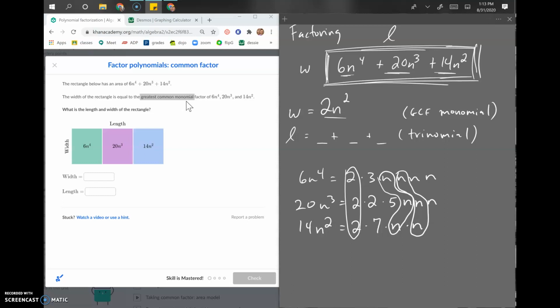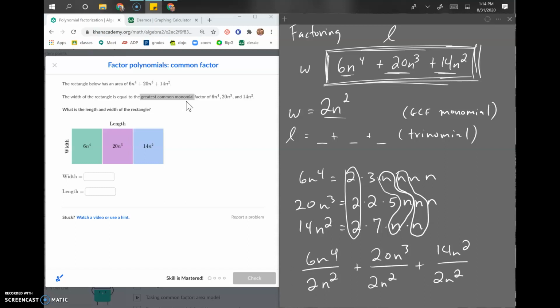And then the remaining portion is the length, and so that's just like what's left after we factor out that 2n squared. So one way is just take 6n to the 4th and divide it by 2n squared plus 20n to the 3rd divided by 2n squared plus take 14n squared and divide it by 2n squared.